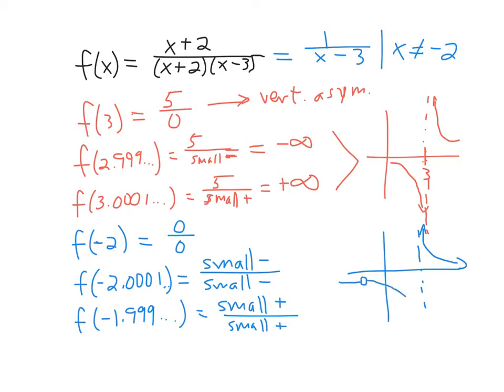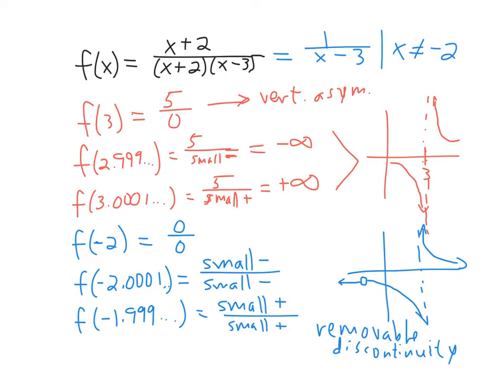All right, that's what we found. And then it's going to go on and do that. So this situation where we have a hole in the graph is what we call removable discontinuity. All right, that's what results usually when you have 0 over 0. Removable discontinuity. Try to spell that right.